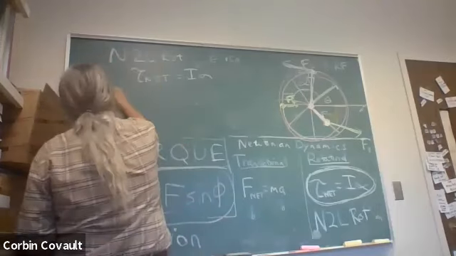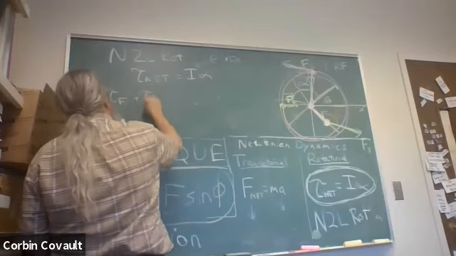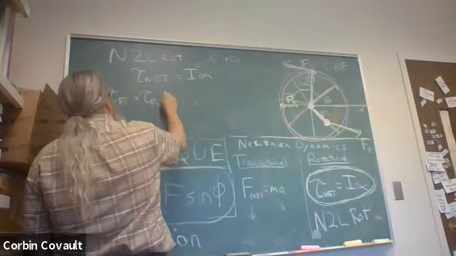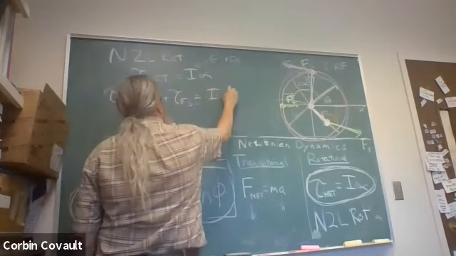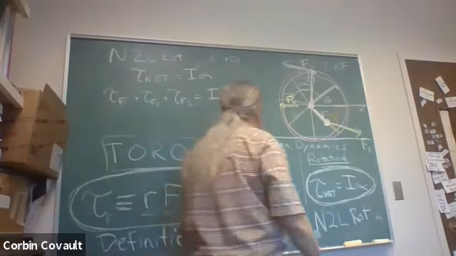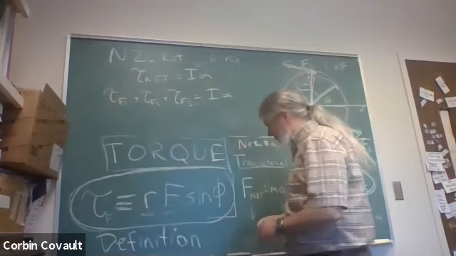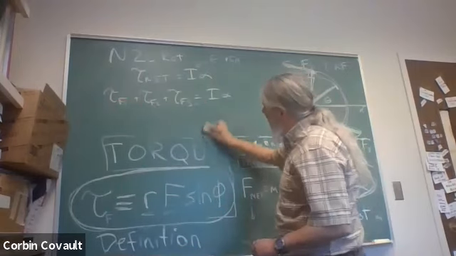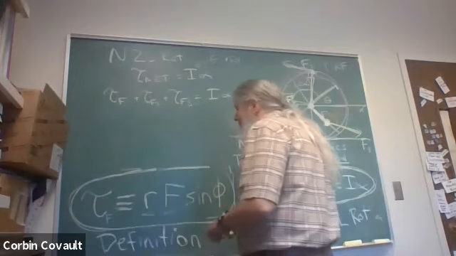That means I need to find the torque associated with the first force, F1, plus the torque associated with the second force, F2, plus the torque associated with the third force, F3. That's equal to I alpha. So you see what I did? I just broke the net torque into the individual torques. And then once I've done that, I can use this definition to actually calculate what those individual torques are.